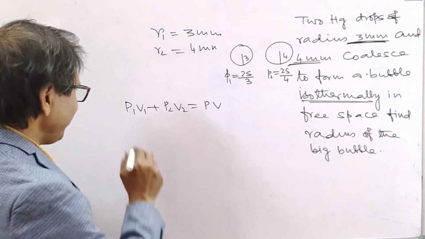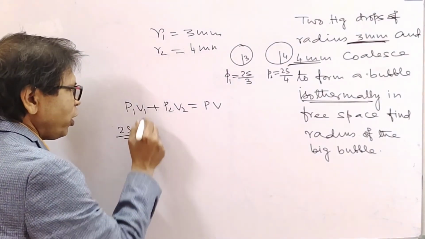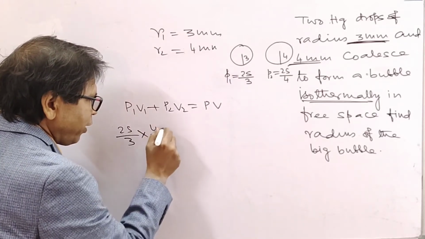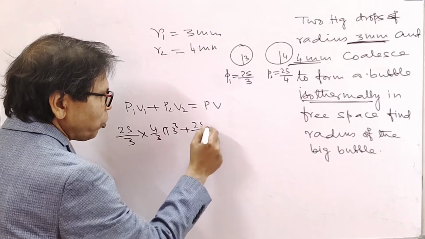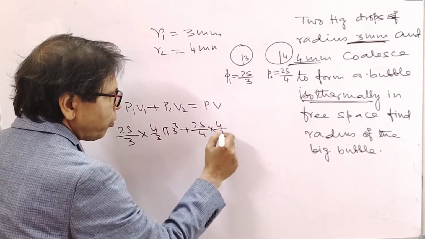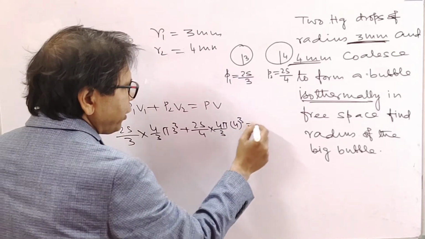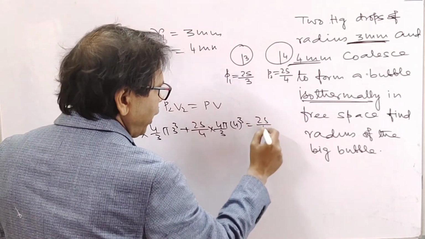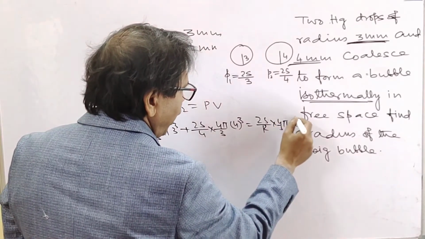So this is 2s by 3 into 4/3 pi into 3 cube, plus 2s by 4 into 4/3 pi into 4 cube, equals 2s by r into 4/3 pi capital R cube.